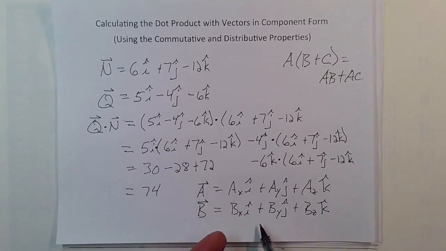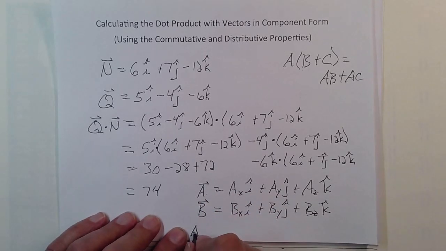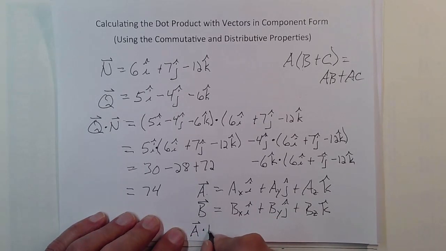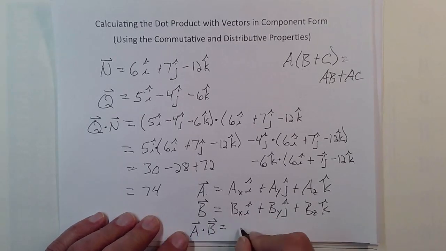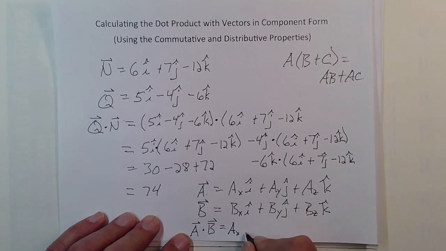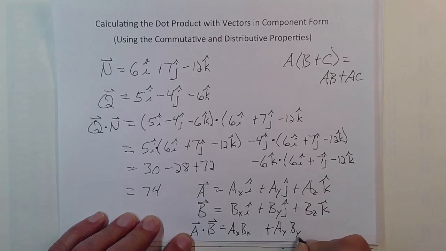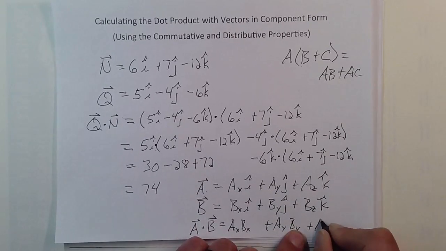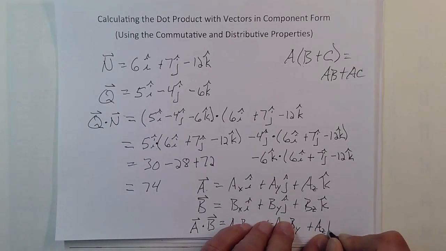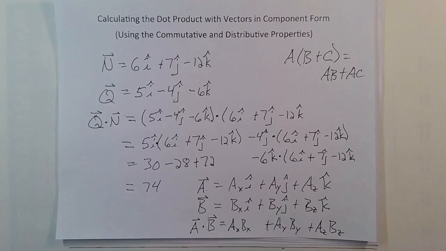And by the way, any of these components, bx, by, bz, ax, ay, az, could be positive or negative. They could have units, could have all kinds of stuff. But A dotted with B will equal a sub x, b sub x plus a sub y, b sub y plus a sub z, b sub z.